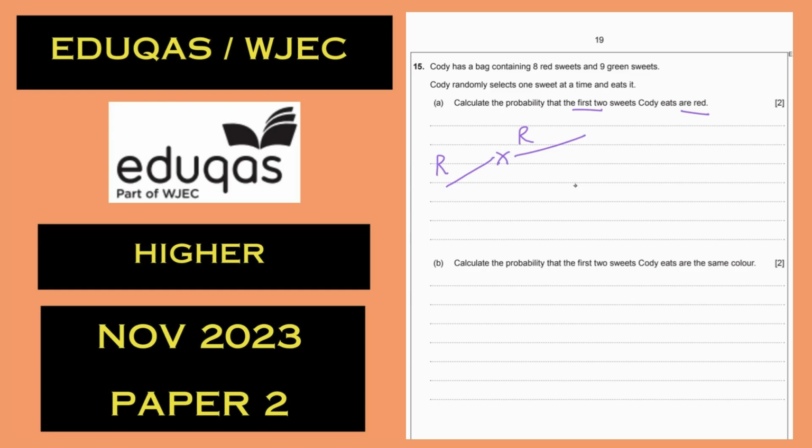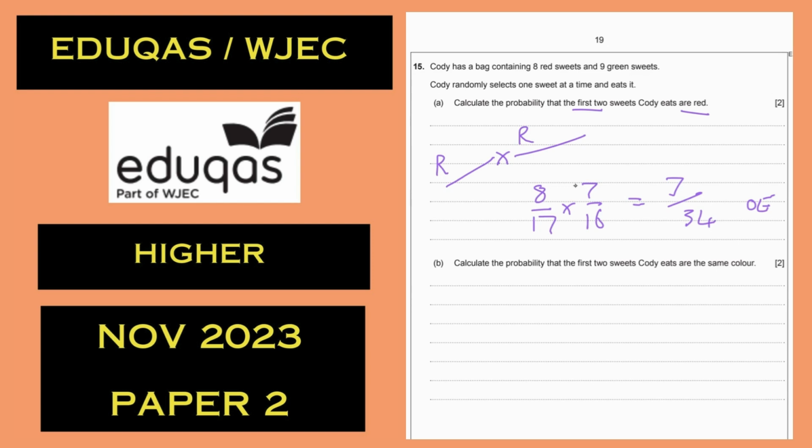First sweet is 8 red out of 17 sweets, but he's then eaten one. We're down to 7 red, 16 sweets. Grab your calc or do it without and pre-cancel. As long as you get 7 over 34 or an equivalent fraction or decimal, it's all good.